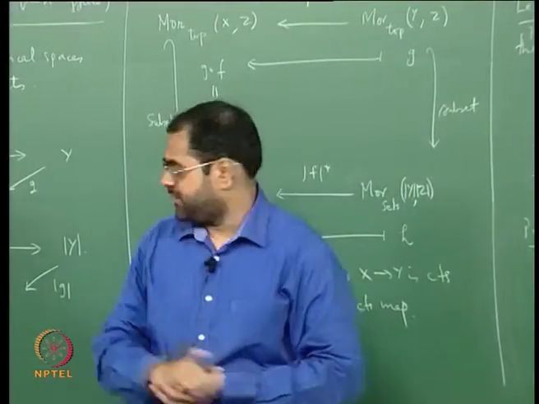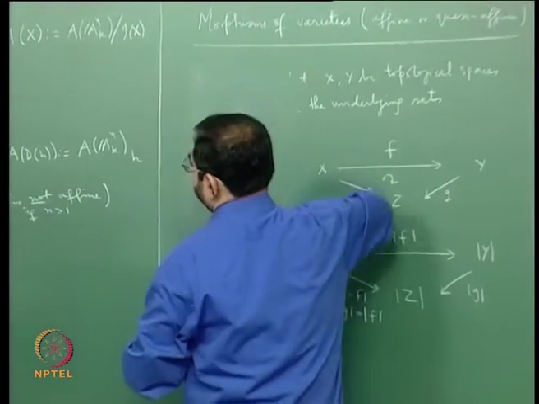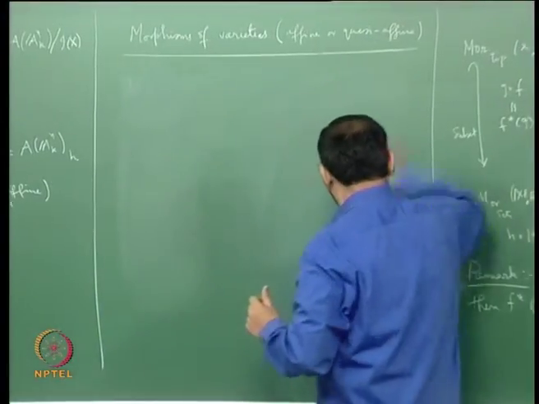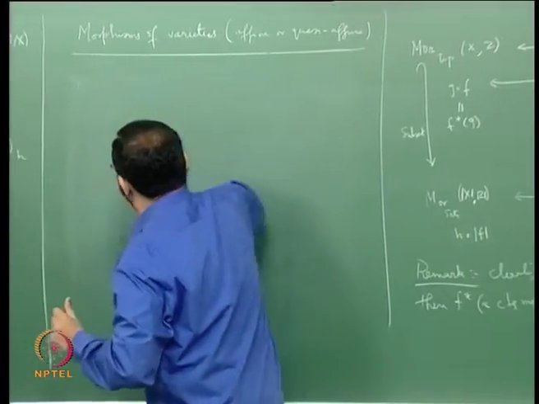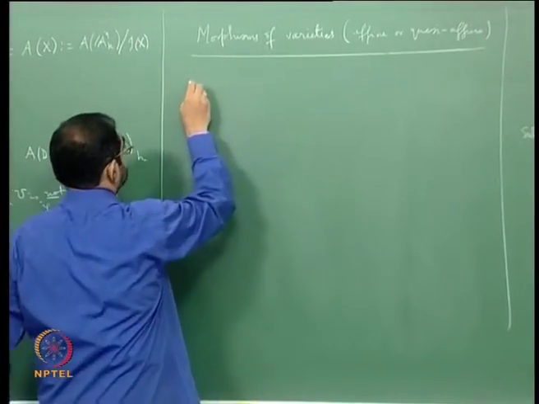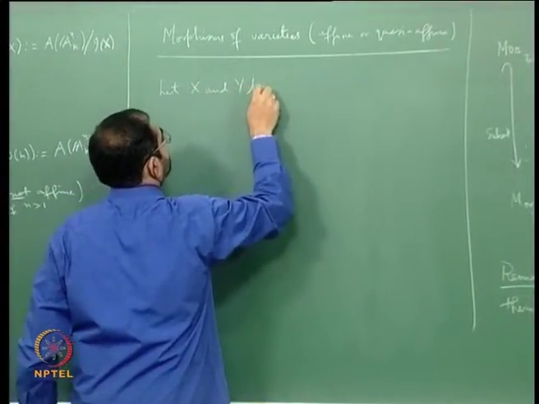functions. So let me make this definition of what a morphism between varieties should be. Here we go: let X and Y be varieties.